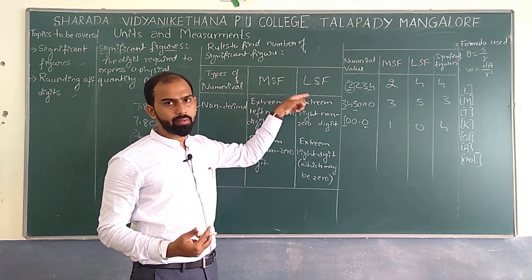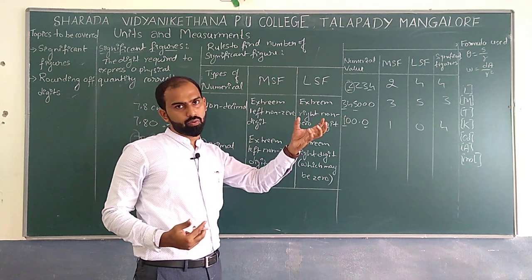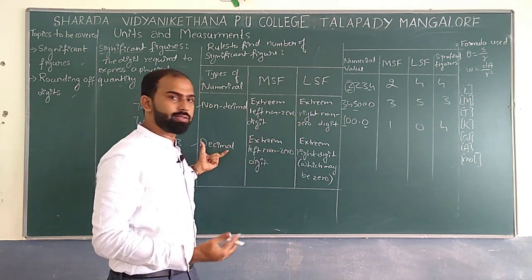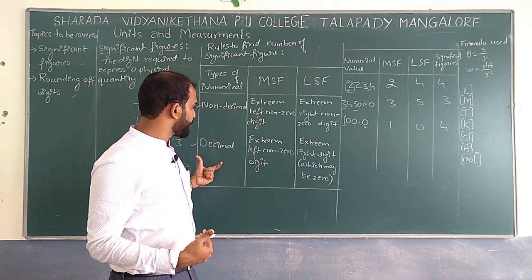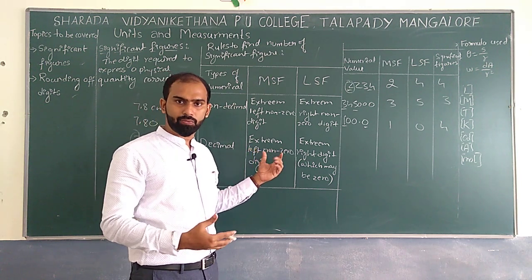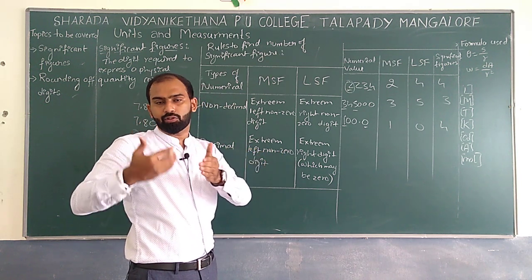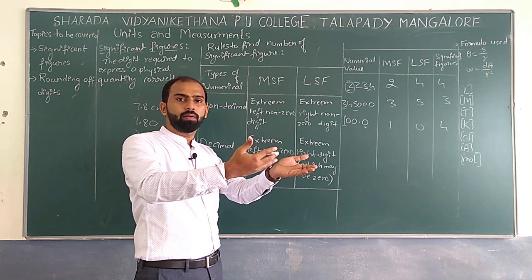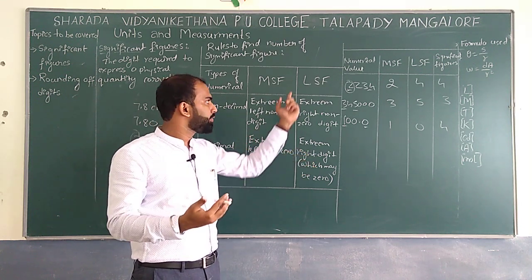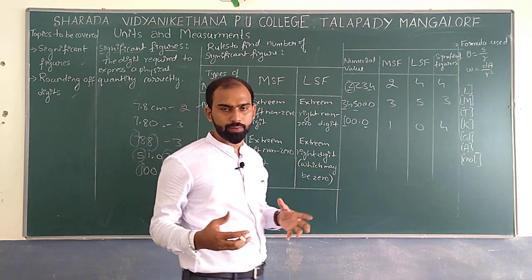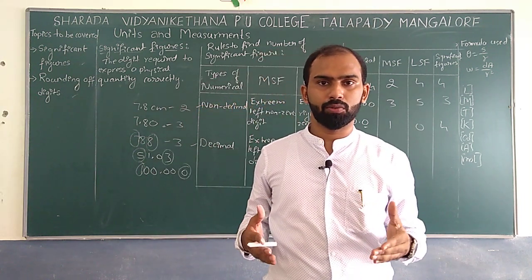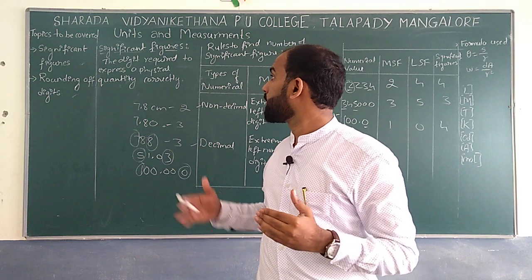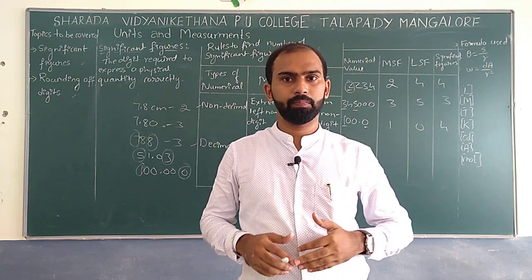How to check LSF? Extreme right non-zero. Okay. So if it is a decimal, while checking, extreme right or extreme left non-zero, and it could be a 0 while checking LSF over here. Okay. So this is how exactly we are supposed to deal with significant figures.